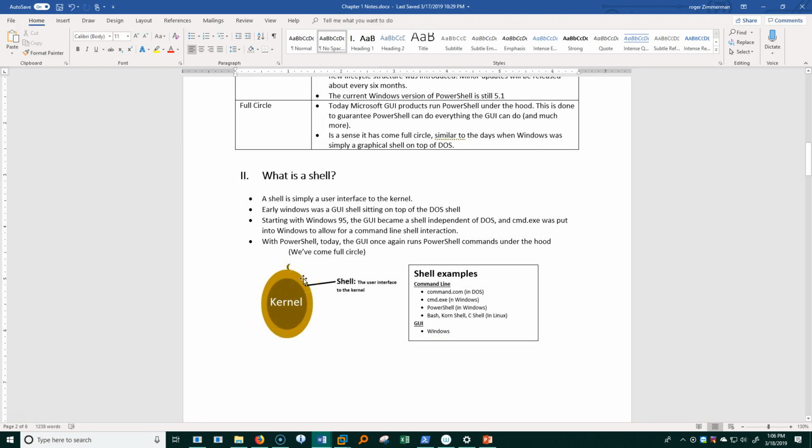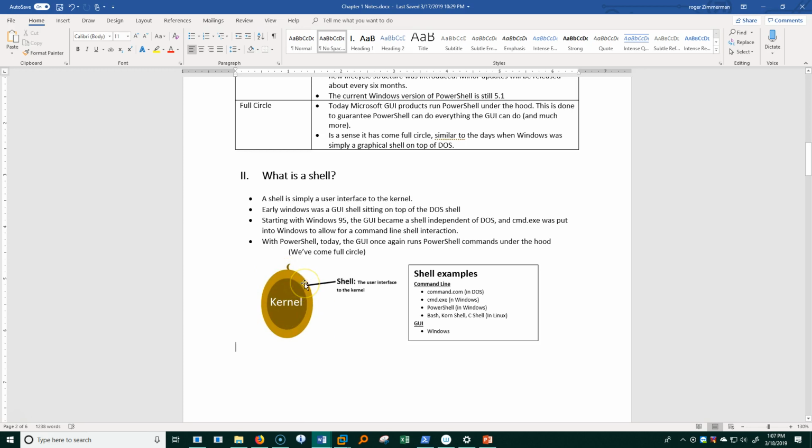Now, one thing that's important to understand is that people use terminology differently, and sometimes you'll hear people refer to the shell as only a command line interface. In some meanings, any kind of GUI, such as Windows or Apple, does not qualify as a shell, although they actually do qualify as shells.